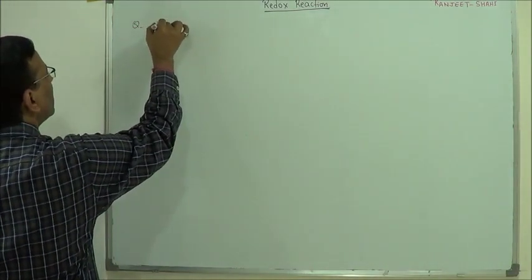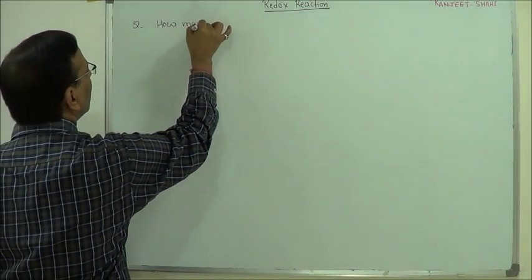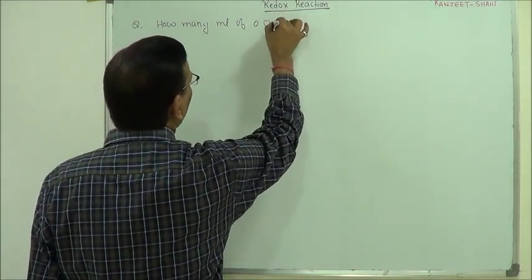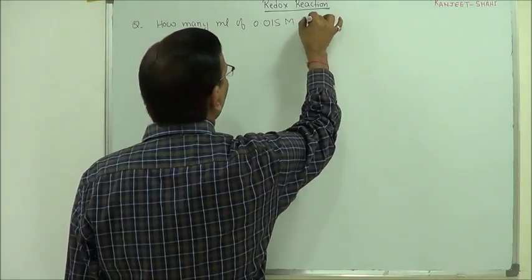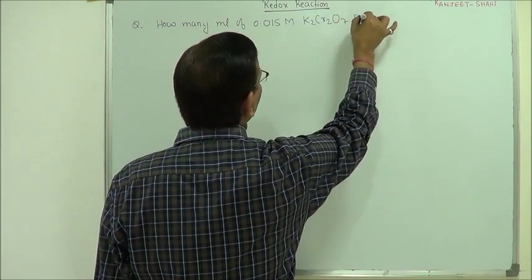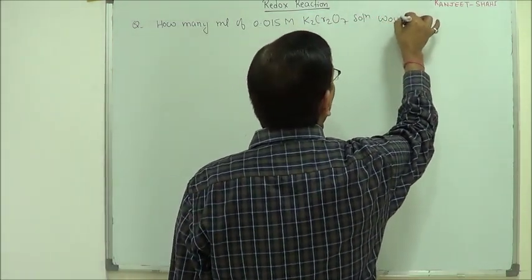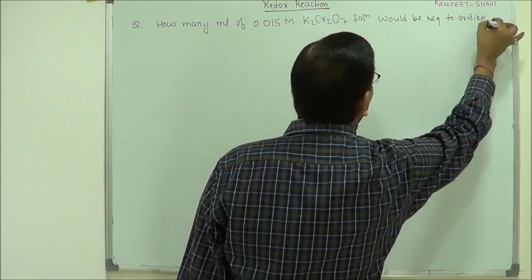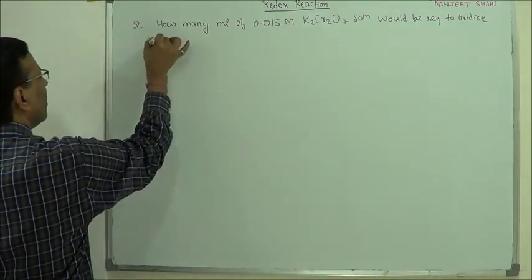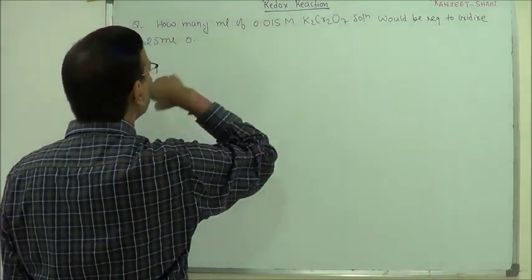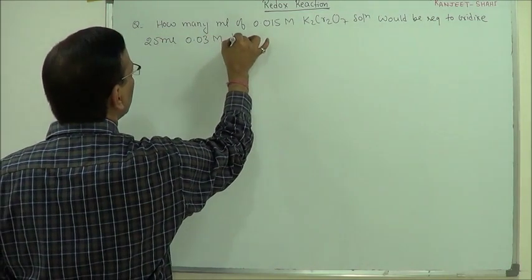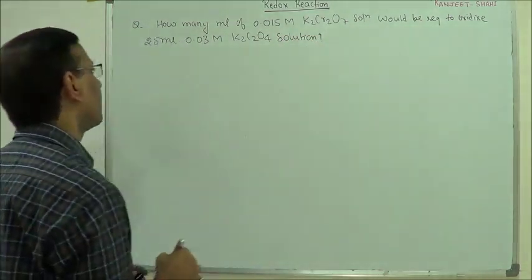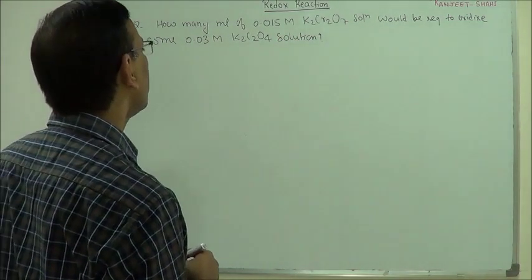It is asked: how many milliliters of 0.015 molar K2Cr2O7 solution would be required to oxidize 25 ml of 0.03 molar K2C2O4 solution? How many milliliters?